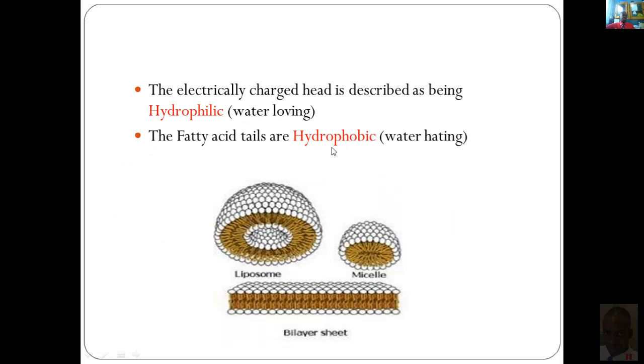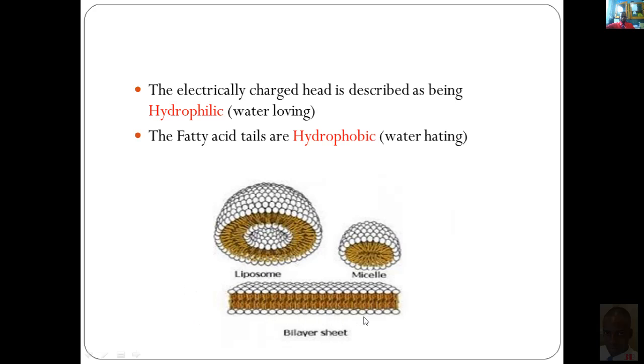The fatty acid tails, however, are going to be described as hydrophobic. The reason for that is because they have no charge, and because they have no charge, water won't be attracted to them. So in a sense, they are repelled. Good.